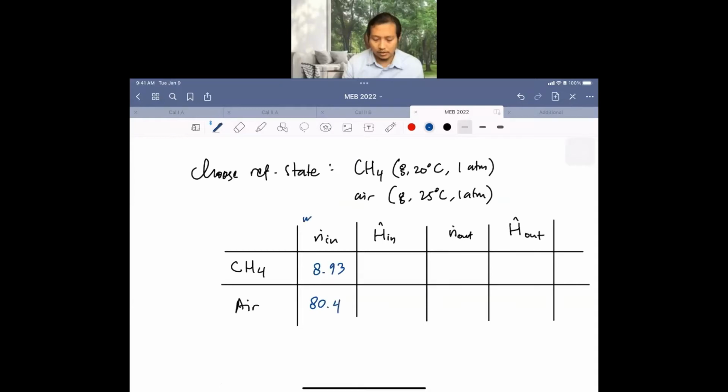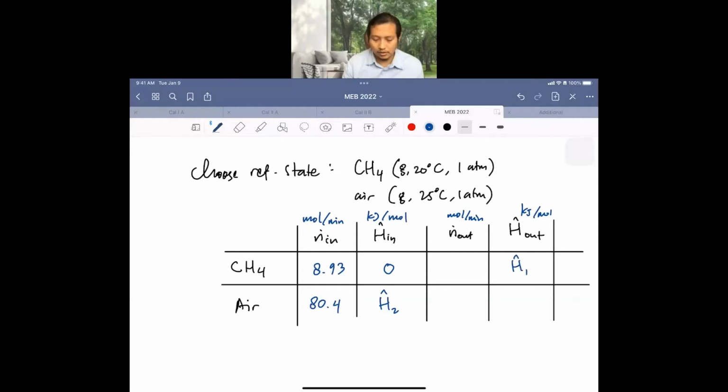This is mole per minute. This is kilojoule per mole. Now the specific enthalpy for CH4 will be 0 as it is at the reference state. And for the air, let's say we have the specific enthalpy 2, or maybe this is 1 first.